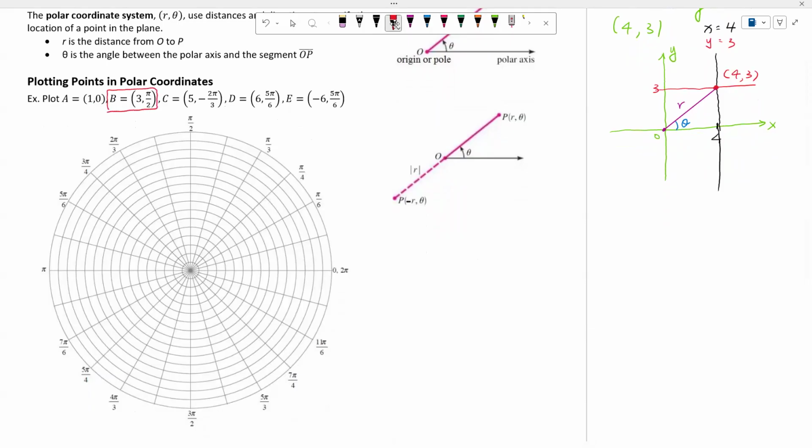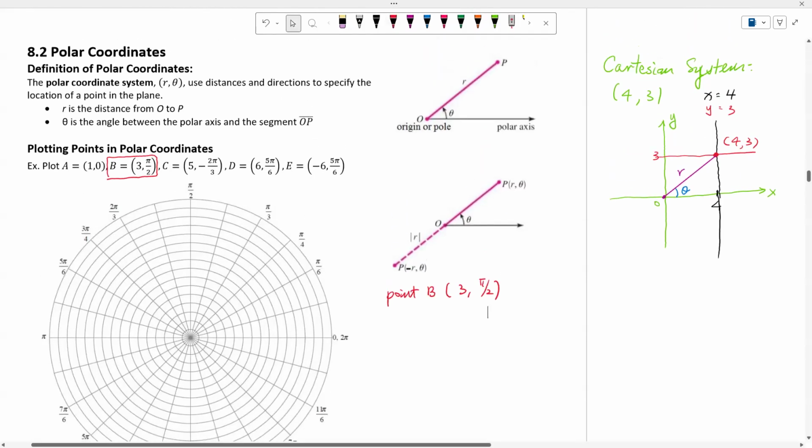Maybe we start with B. If I have point B, which is (3, pi over 2), basically it means that r is equal to 3 and the angle theta is pi over 2.